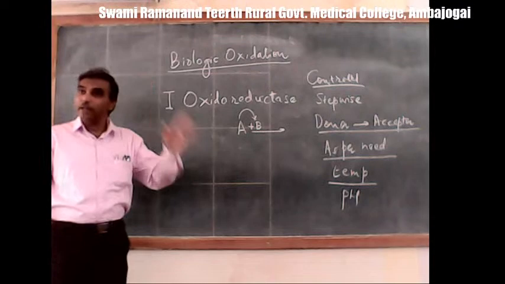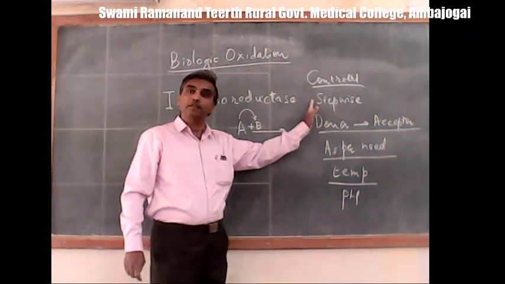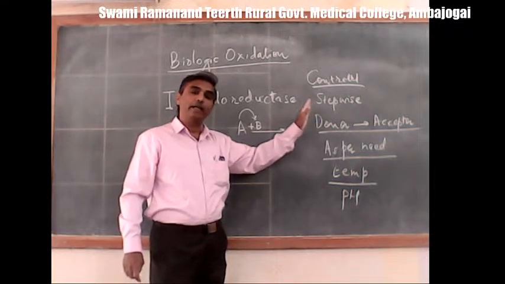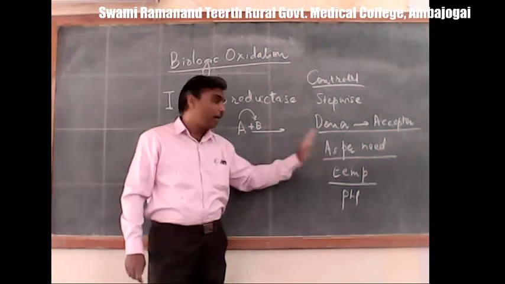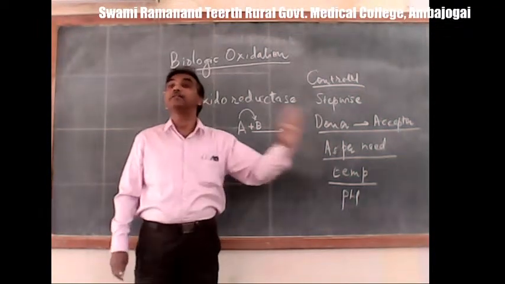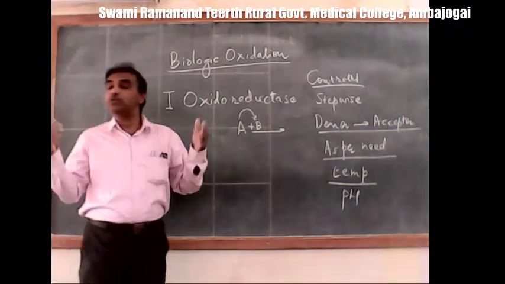So the biological system is a controlled oxidation in a stepwise manner, where electrons are transferred from donor to acceptor as per body need, at body temperature and at body pH. And what is the use of this?